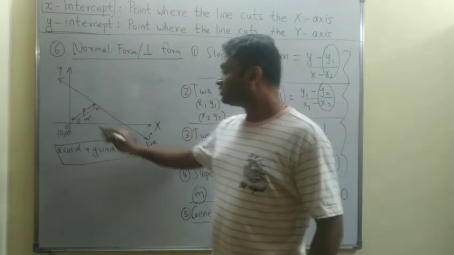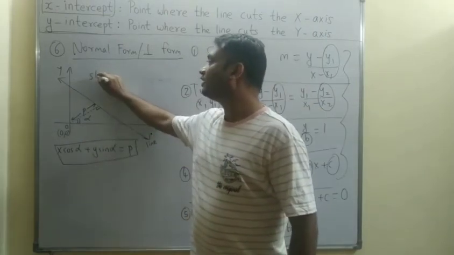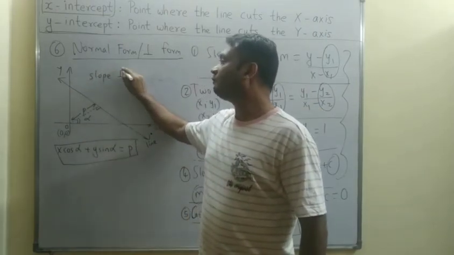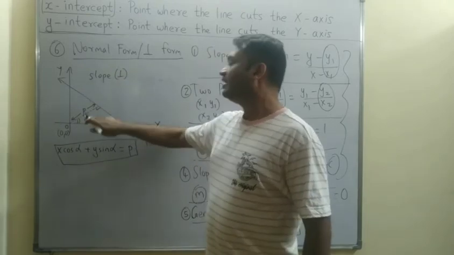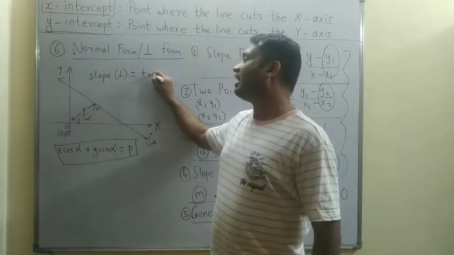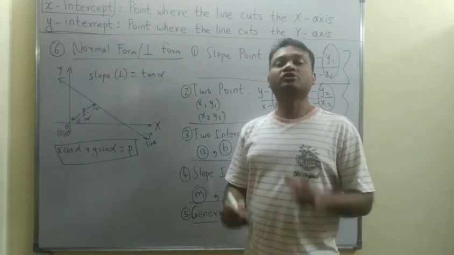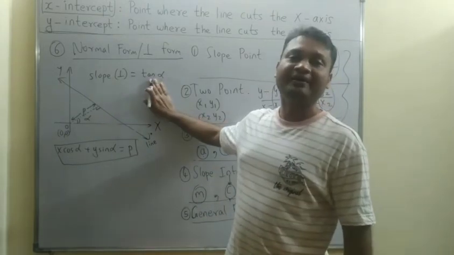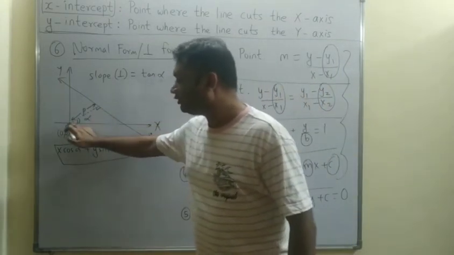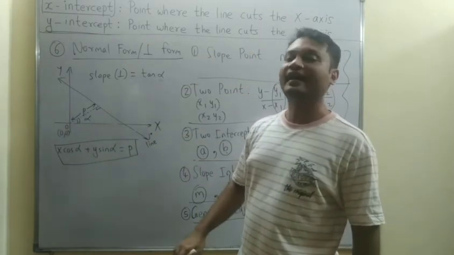First of all, the slope of the perpendicular. If I write the slope of this perpendicular line, it is nothing but tan alpha. Why? Because slope is given by the formula tan alpha. This perpendicular makes angle alpha with the x-axis.